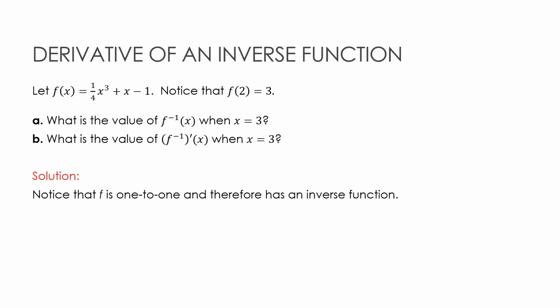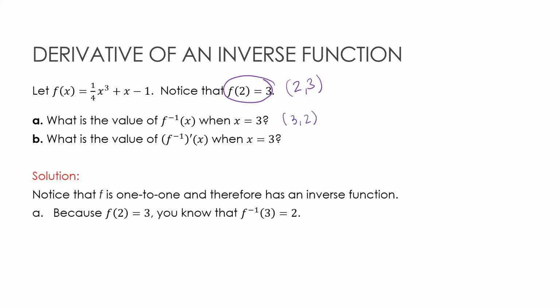Well, because I know that (2, 3) is a point in my original function, then I know the point (3, 2) is a point in my inverse function. So since f of 2 equals 3, we know f inverse of 3 is equal to 2. That's pretty straightforward. That has nothing to do with that little equation that we just went through. This has to do with being an inverse.